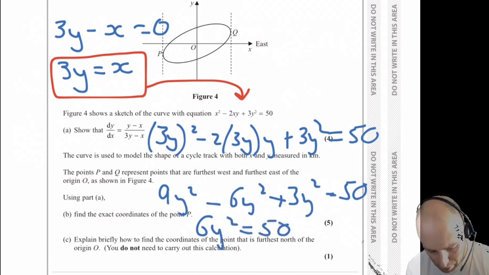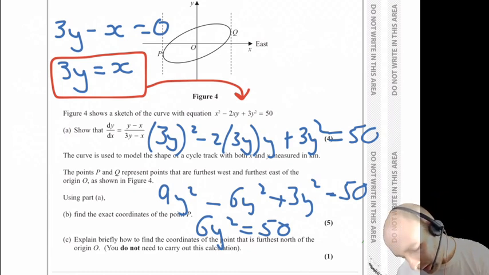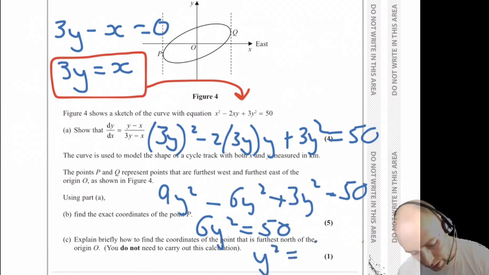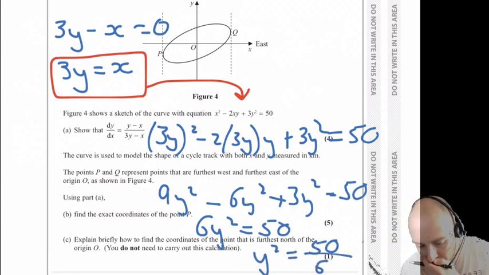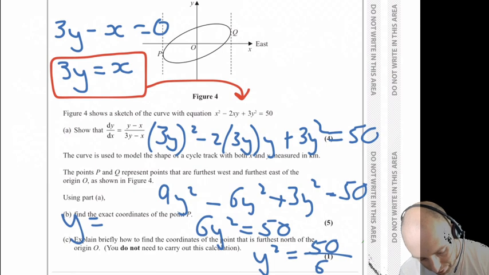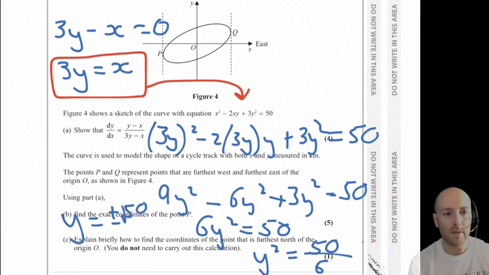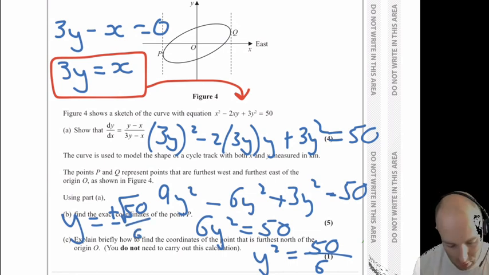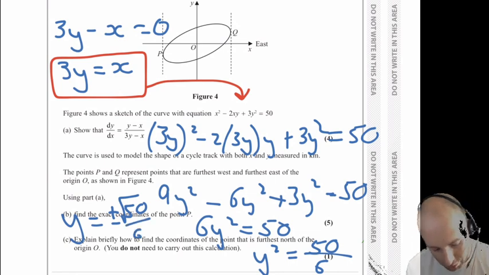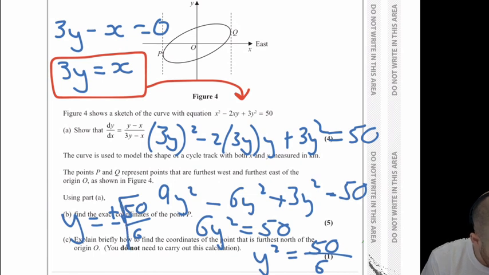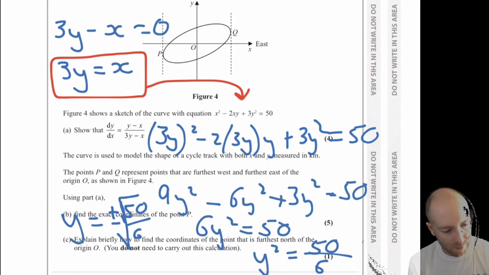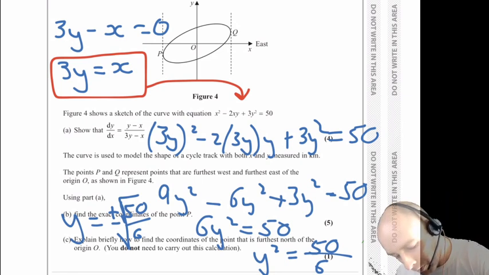Let's go check this through. Yep. So y squared is 50 over 6. So y is going to be plus or minus root 50 over 6. Root 50 over root 6 even, which simplifies to plus or minus 5 root 3 over 3.